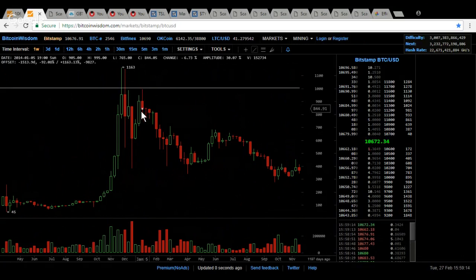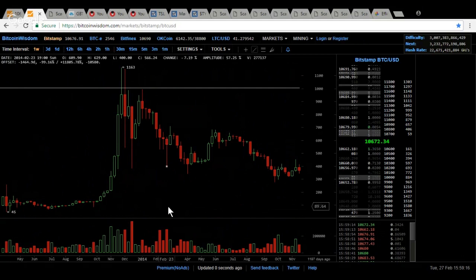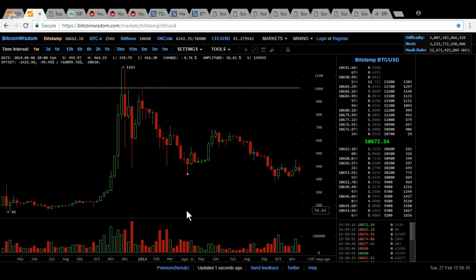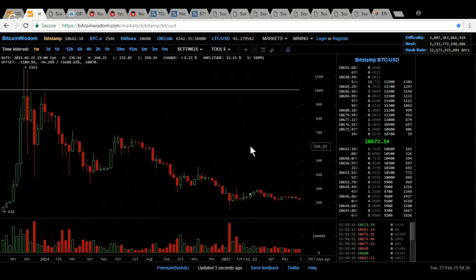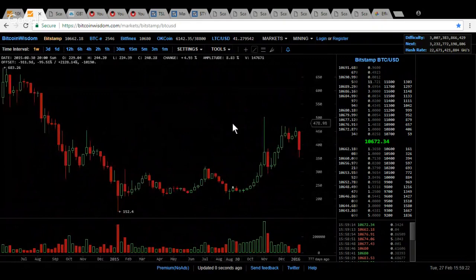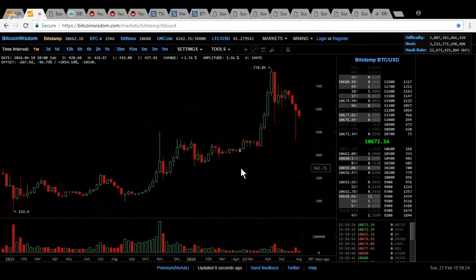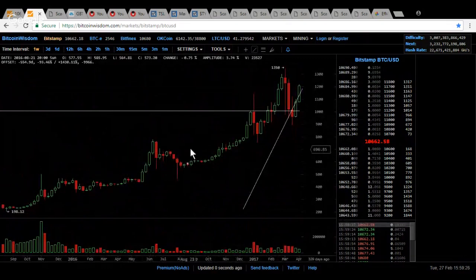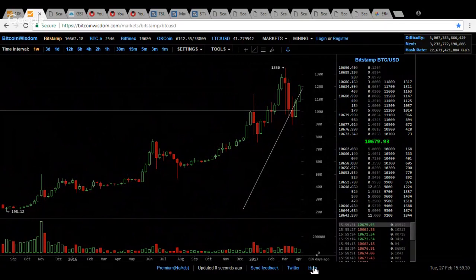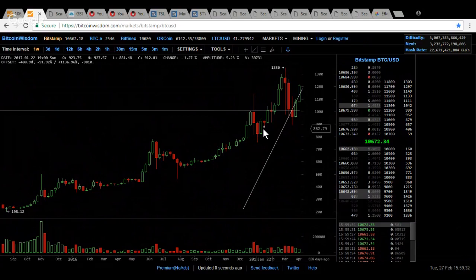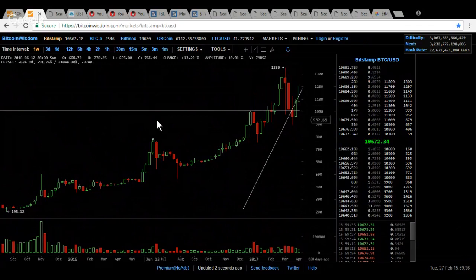That led me to believe that all the action prior to the last time we broke above 1,000, right here, at the beginning of 2017, is an accurate depiction of a phase one line.